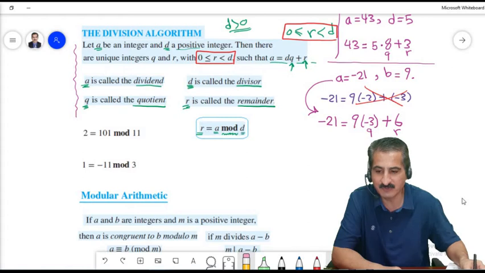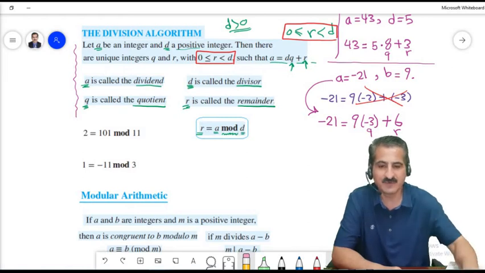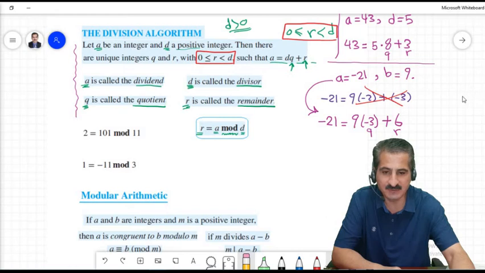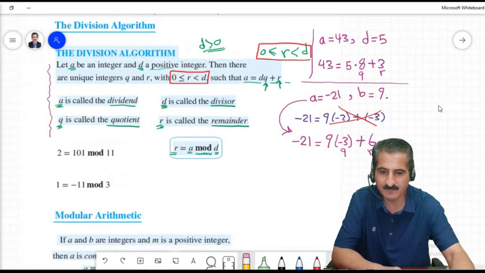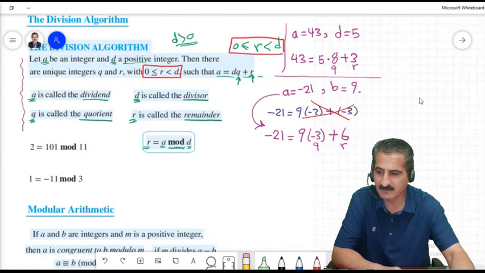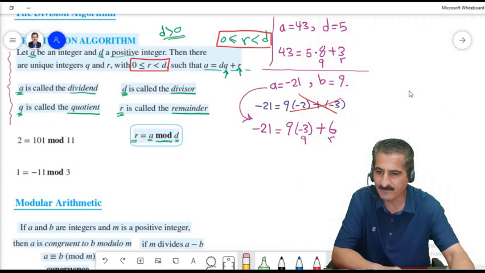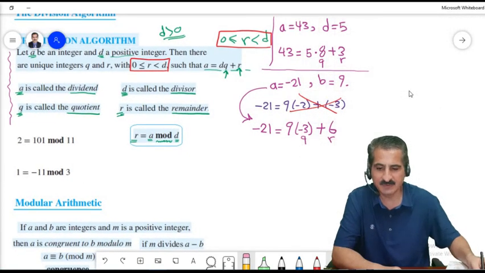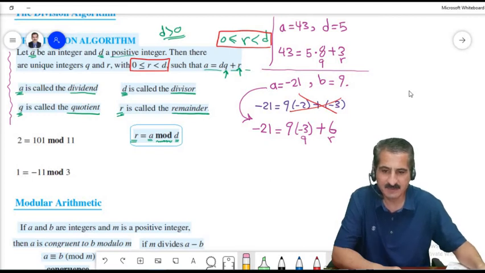So if I go back to these examples, I will write 43 mod 5, where 5 was the divisor D. 43 mod 5 is the remainder, which is 3. It is R.